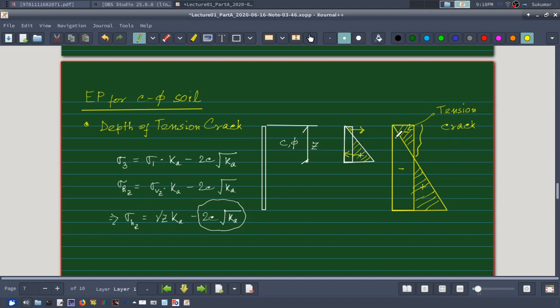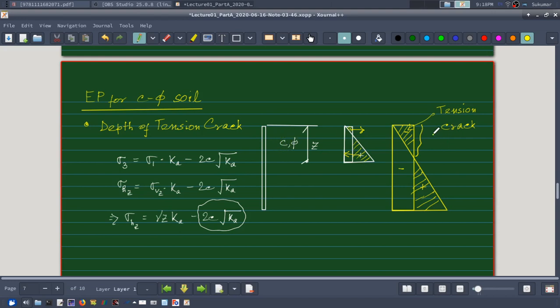Actually had it been totally dry soil, this portion of the wall will be actually sucked, not pushed away, rather pulled in by the soil, this portion of the retaining wall. But if there is water, there will be additional water pressure, and in some soils upon wetting the cohesion may get lost totally.